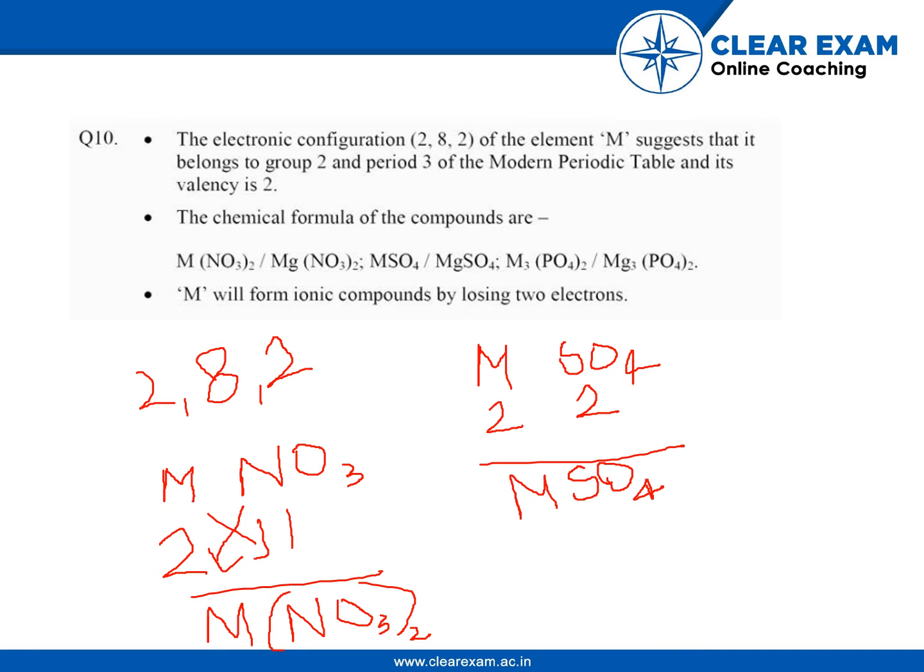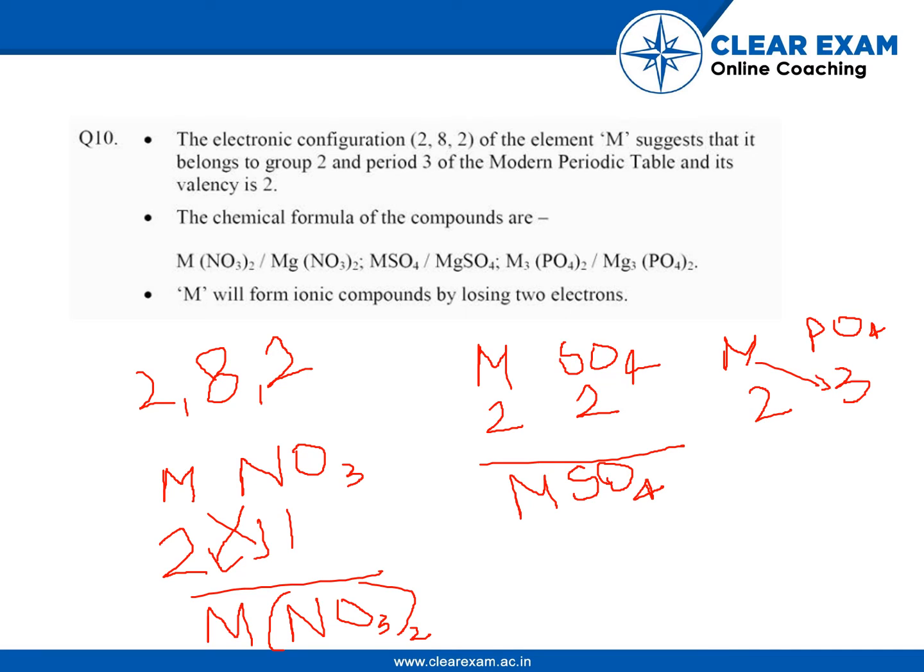Now the third part, PO4. Valency of M is given as 2, PO4 has 3.